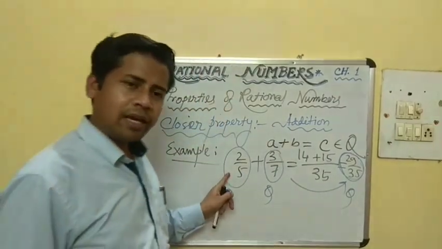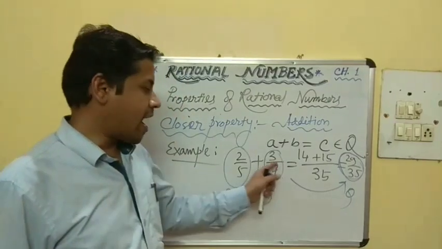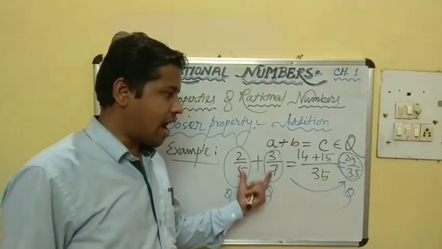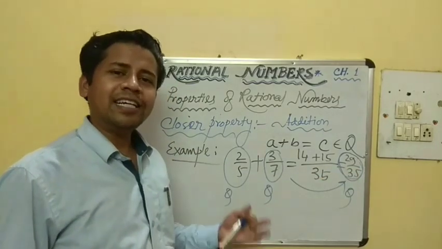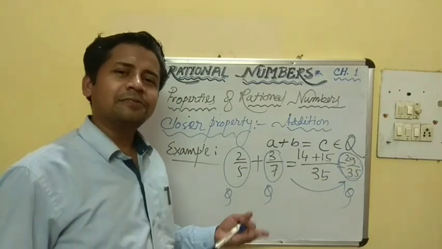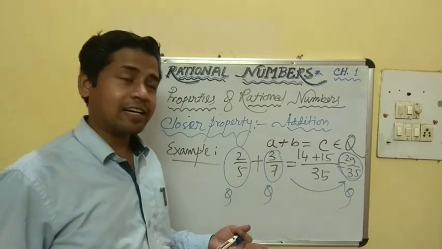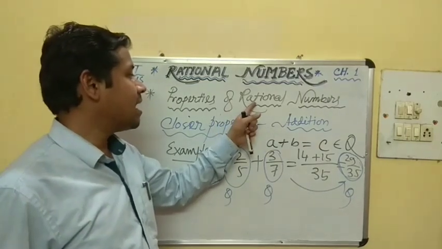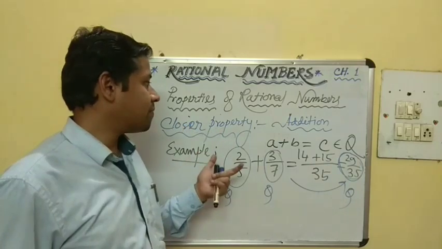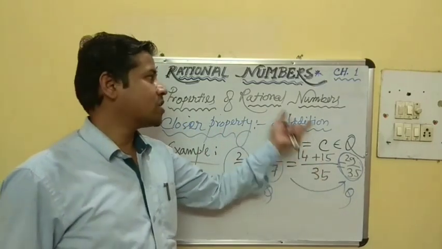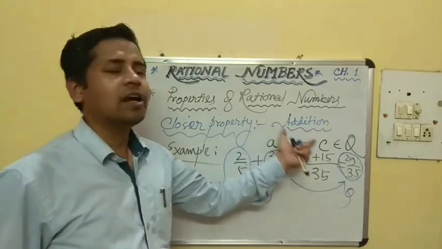One member of the family, another member of the family, add them, and the third member of the family comes. Then we can say that the rational numbers satisfy the closure property under addition, or rational numbers are closed under addition.